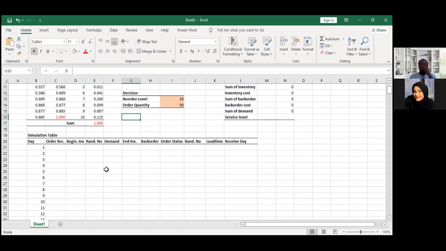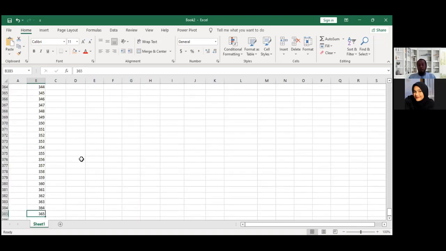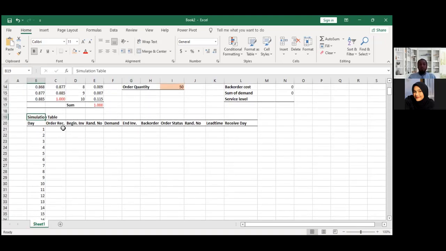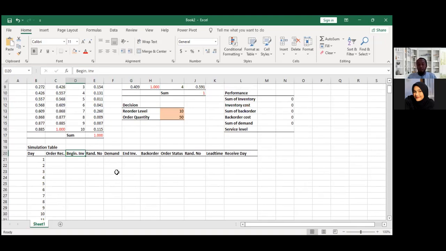Now we create the simulation table like this. Day: we simulate from day 1 until day 365, for 1 year. Then order received, to simulate when we receive our order. Then this is the beginning inventory, and this is the random number to generate, to simulate, the demand. After that, this is the ending inventory.